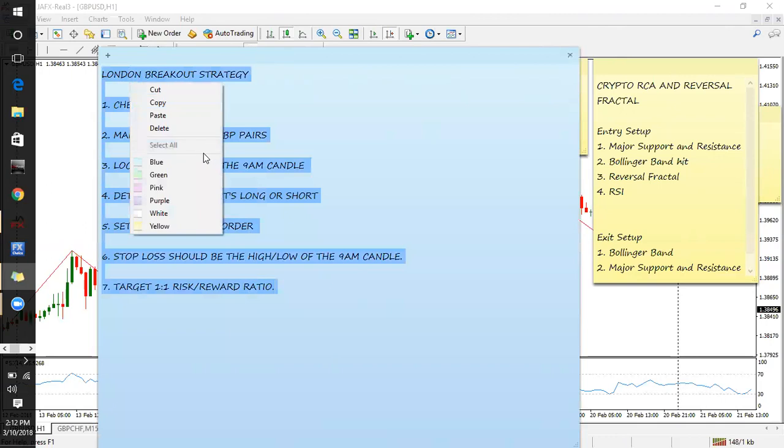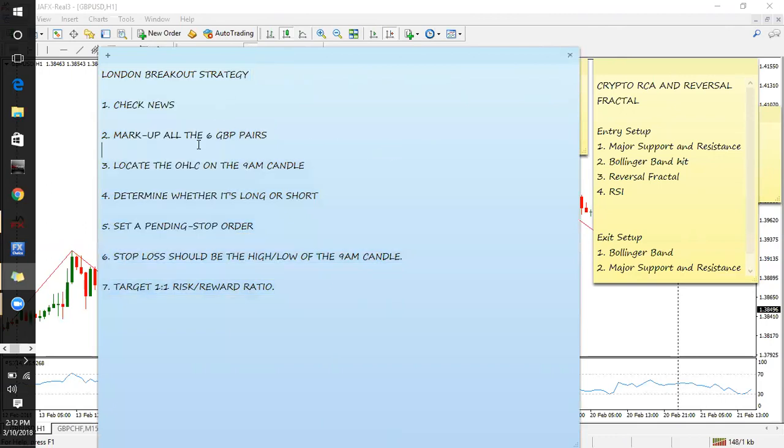You have to set it up. I hope you can see them now. First one, you check news. The news happens most times every Wednesday. So the best thing is for you not to trade whenever there's news, especially when it's red news. That's the most important thing, not other news.